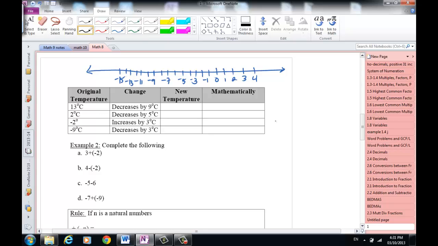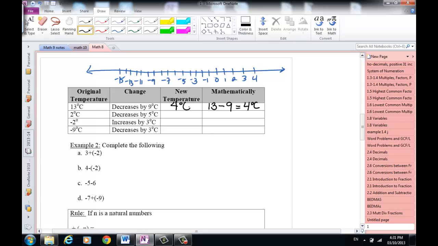So the original temperature is 13 degrees Celsius, and the change says it decreases by 9 degrees Celsius. So mathematically, we started at 13, we're decreasing by 9, our total is 4 degrees Celsius, so our new temperature is 4 degrees Celsius.